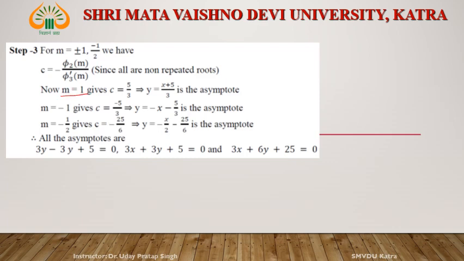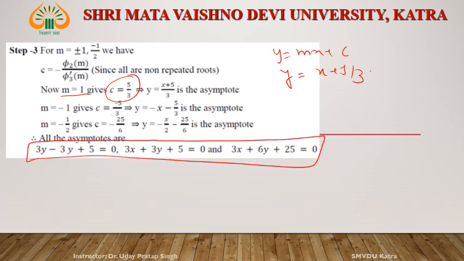Now for m is equal to 1, c is equal to this. Then the equation of a straight line is y is equal to mx plus c, and y is equal to 1 into x plus 5 by 3. Similarly, for m is equal to minus 1, c is minus 5 by 3. For m equal to minus 1 by 2, c is equal to minus 25 by 6. Right? Then the equation of asymptotes is given by this.